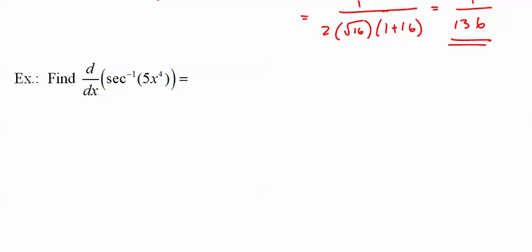So, secant, I like to call the hard one, equals 1 over 5x to the fourth, square root of 25x to the eighth minus 1, times 4 times 5x to the third.